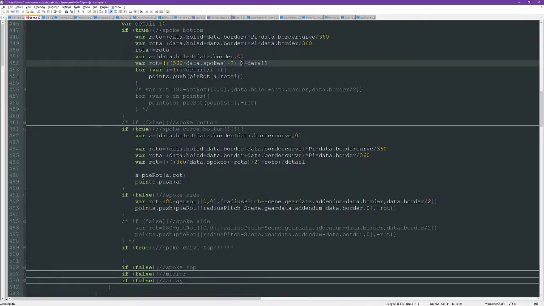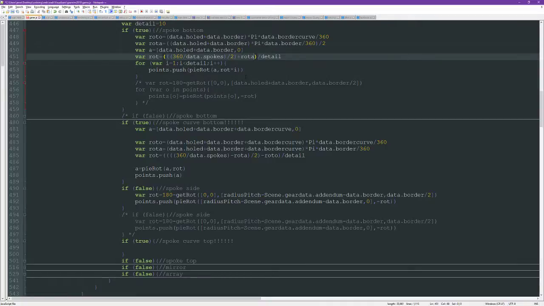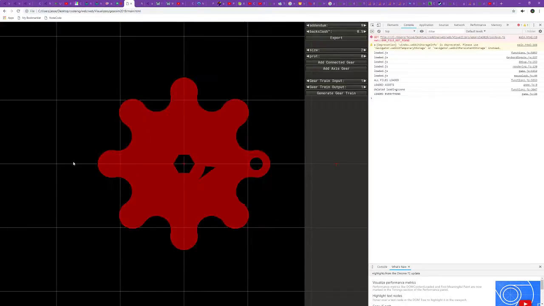And then you could be plus for A divided by 2, plus roto. Okay.